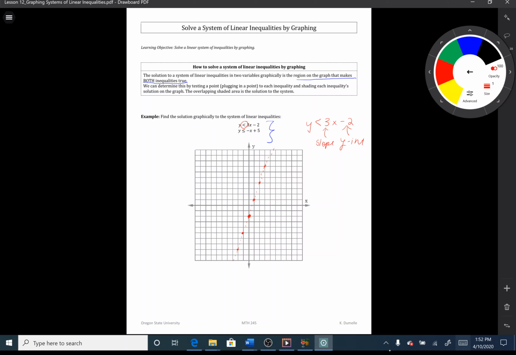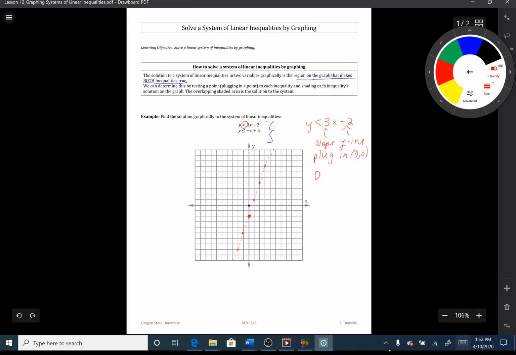All right, and then which of the sides of this line should I graph? Well, I'm going to test my favorite point, 0, 0, and see if the point 0, 0 makes this inequality true. So plug in 0, 0.